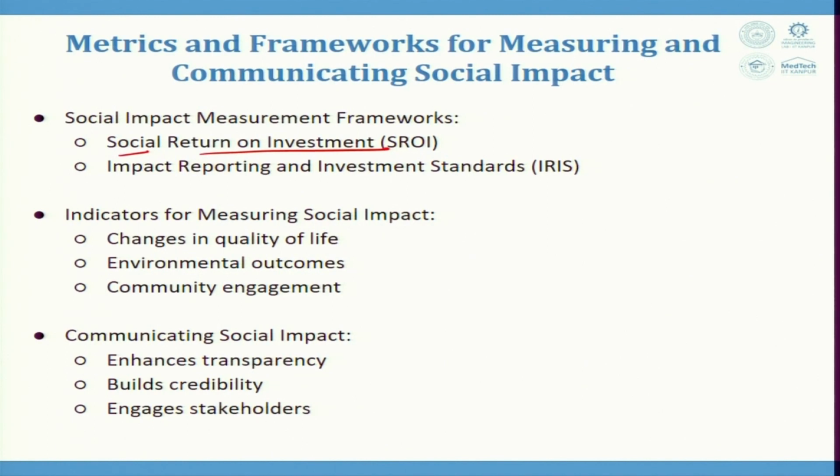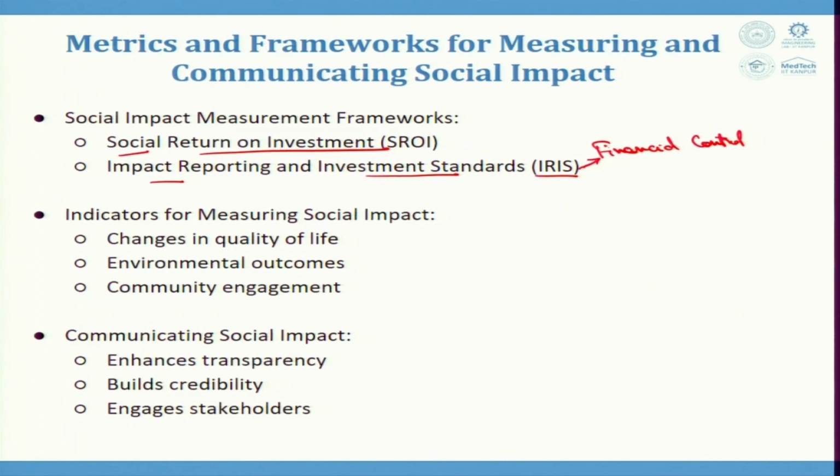In this case, impact reporting and investment standards, IRIS, plays an important role because it also helps us to have a financial control strategy. It helps us to fix a specific target and work upon it.